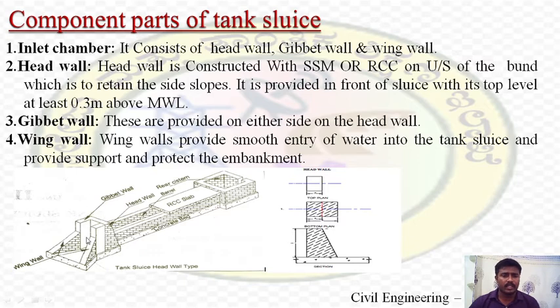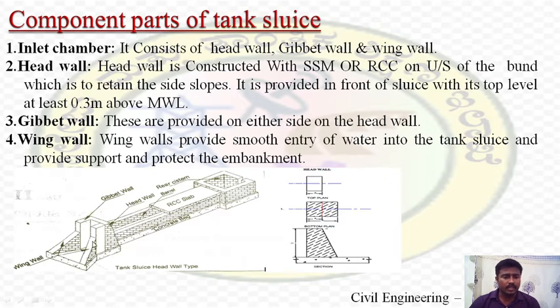In this picture, this is called the inlet chamber, this is the slab barrel, and this is the cistern. The inlet chamber consists of the edge wall, gibbet wall and wing wall.